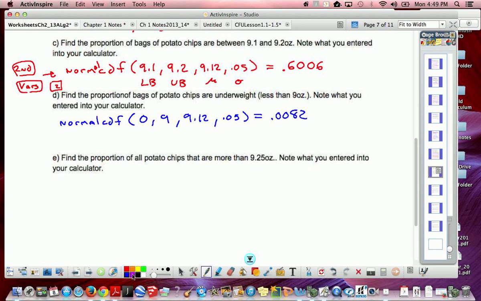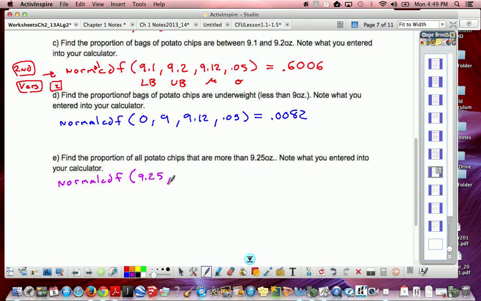Alright, last one on this page. So now it says find the proportion of potato chips that are more than 9.25 ounces. So, normal CDF. Now I'm looking at going from 9.25 to as big as possible.